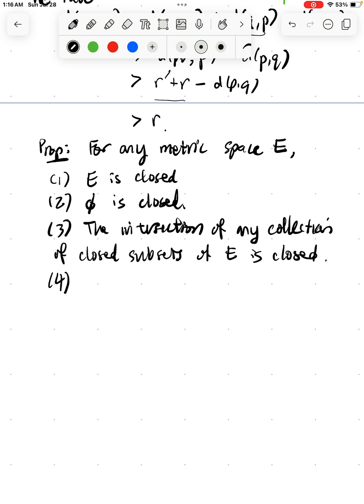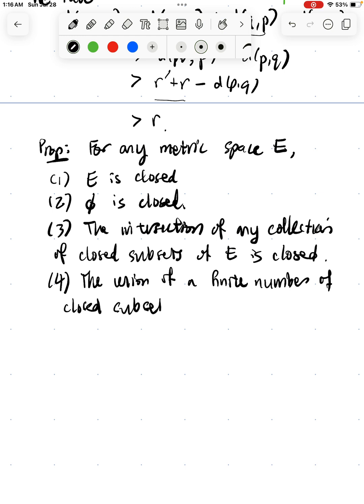And then the fourth one is the union of a finite number of closed subsets of E is closed.